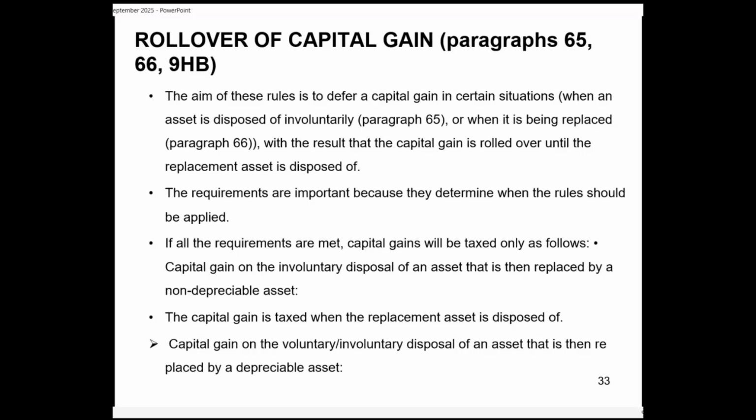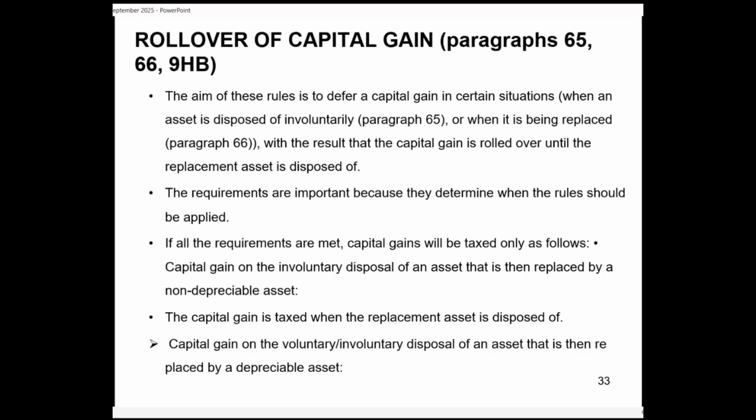These are the rules of rollover of assets. The aim is to defer capital gain, with the result that the capital gain is rolled over until the replacement asset is disposed of.